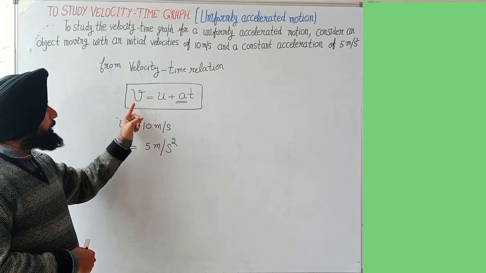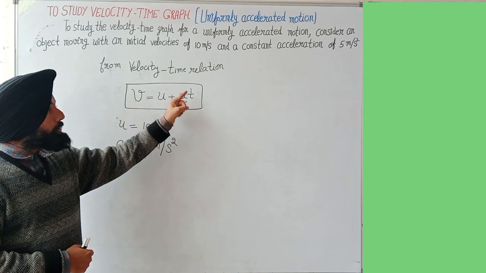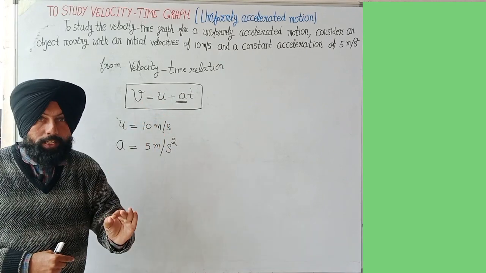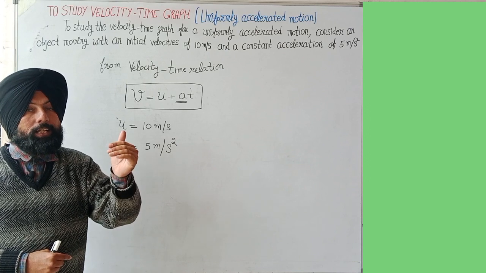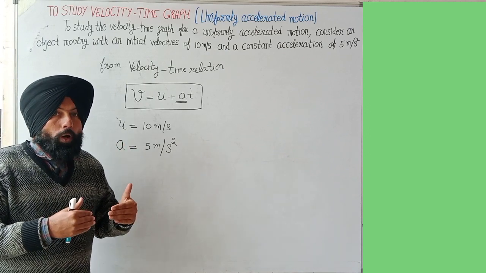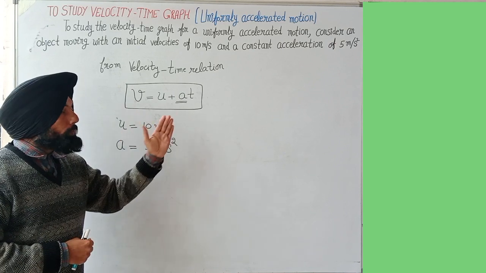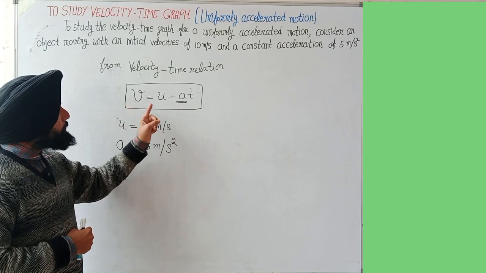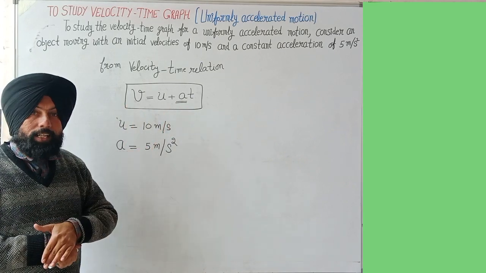Now we will use these equations and put the value of time first as 0 second, then 1 second, then 2 second, and so on, and we will observe what the shape of the graph will be. So first of all we will solve this relation.